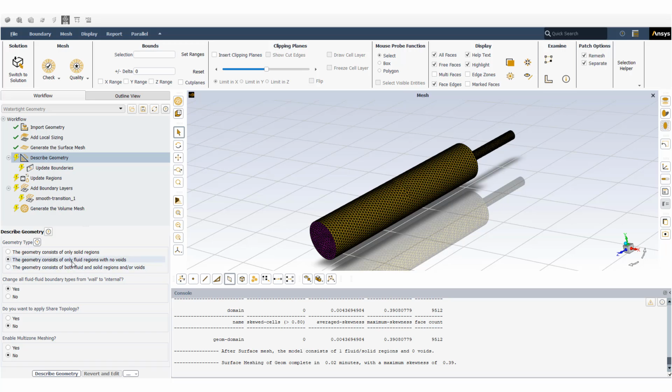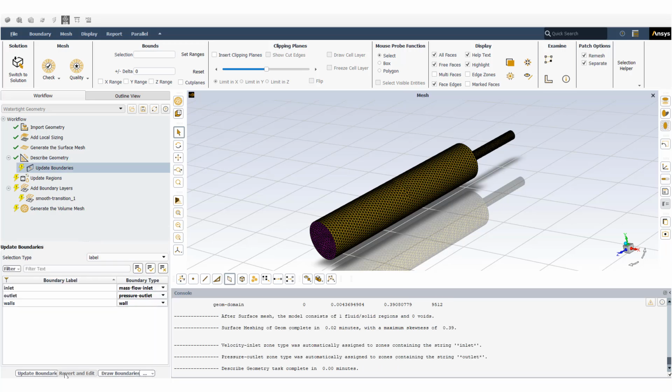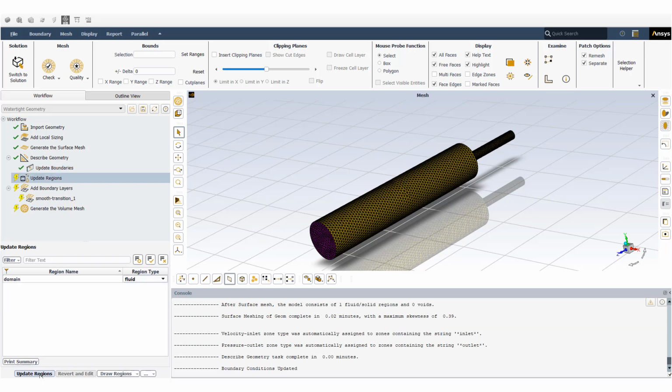Only fluid, and internal interfaces going to the fluid boundary, no share topology, and no multi-zone meshing. Inlet, outlet, and walls are the boundaries that we have.